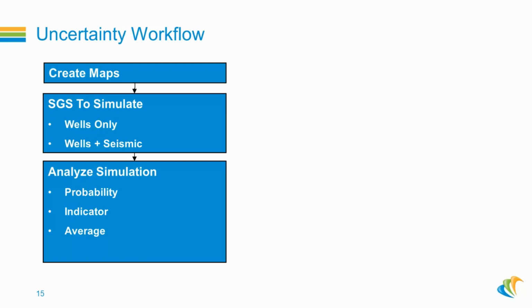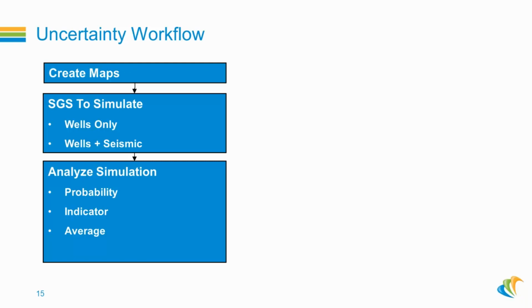So we perform stochastic simulation. Stochastic simulation involves creating a series of equally probable realizations of a model or a random variable. The most popular type of simulation is called sequential Gaussian simulation.